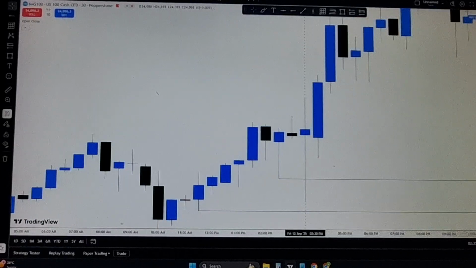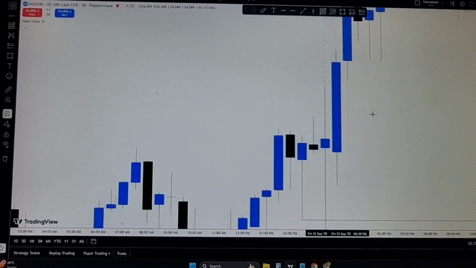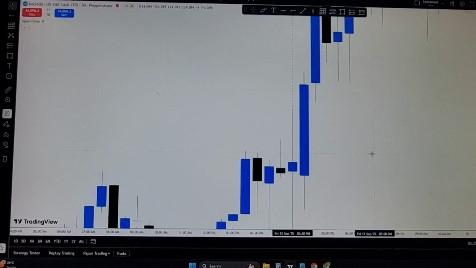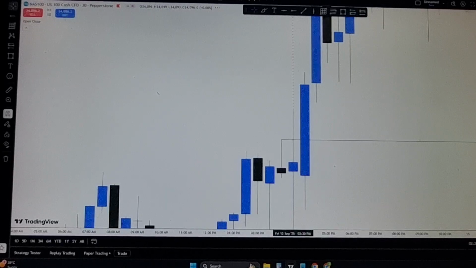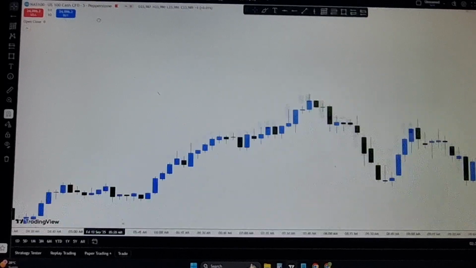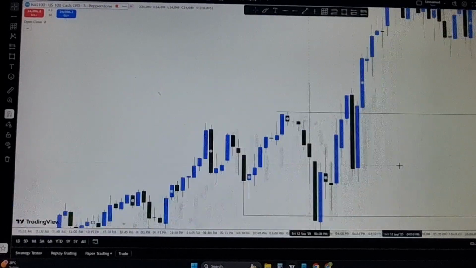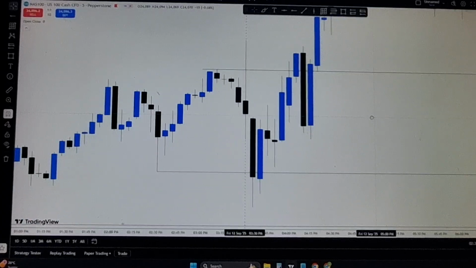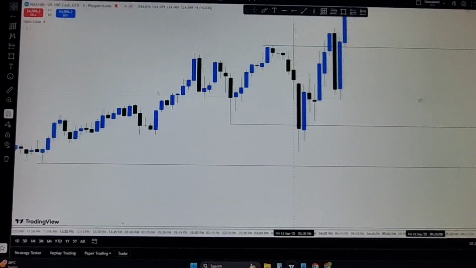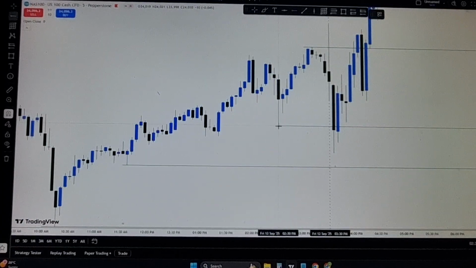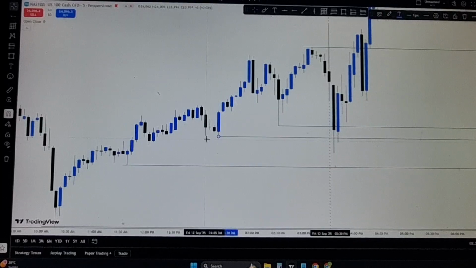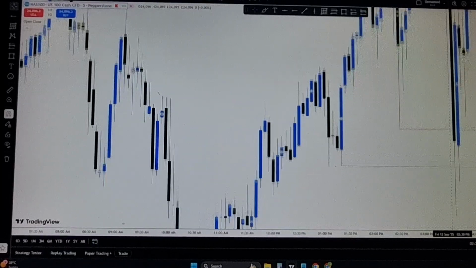Immediately after, we get a doji candle, and then a break of structure to the upside on the 30 minutes. That means we can scale down to the 5 minutes. As we see here, we take out this 5 minute low, and these are equal lows if I'm not mistaken.